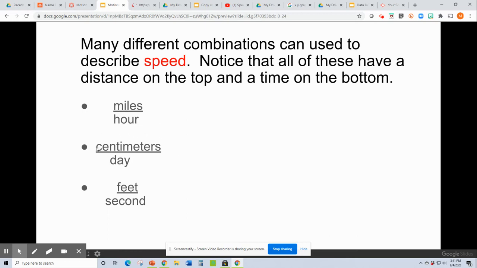And so maybe the speed of the worm would be best in centimeters per day, because that's still a distance divided by time. Or maybe I want to talk about feet per second, how many feet per second something is traveling. Feet is a distance and second is a time. So we always have a distance divided by a time.